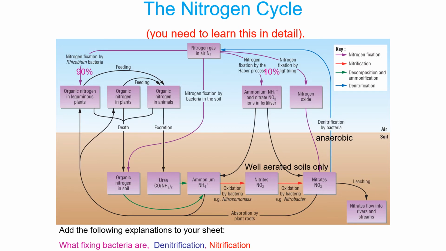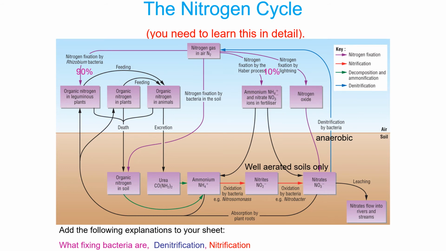You need to understand this process, and if I talk you through it, we can break it down into a couple of key stages. The first stage is nitrogen fixation, which is how the nitrogen gets from the air into living material, into biotic organisms.